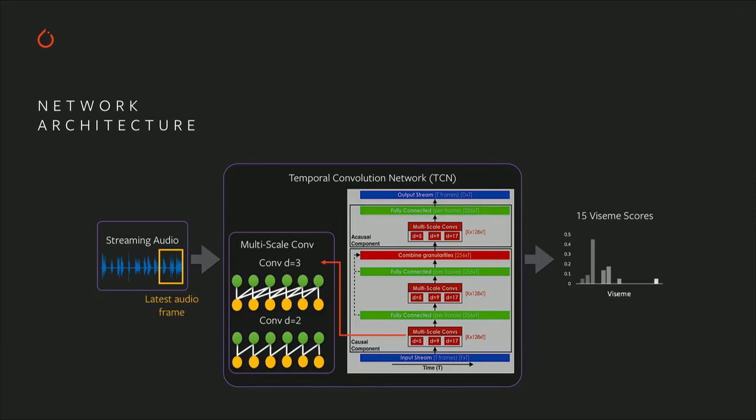We then make use of a temporal convolution network, a TCN, to predict a 44-dimensional phoneme vector for each audio frame. This phoneme vector is then mapped to a 15-dimensional viseme. In the case of laughter detection, we directly predict the probability score.